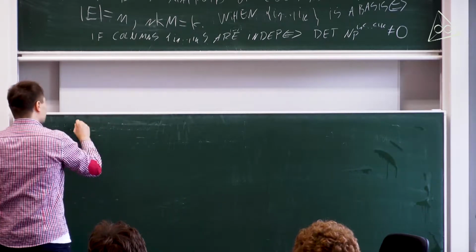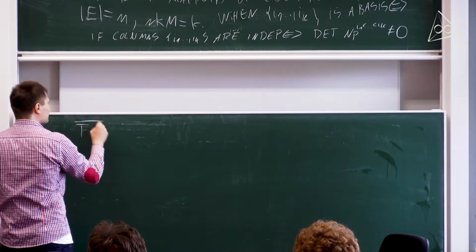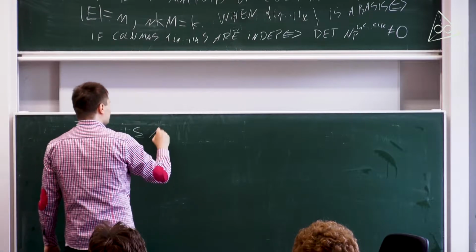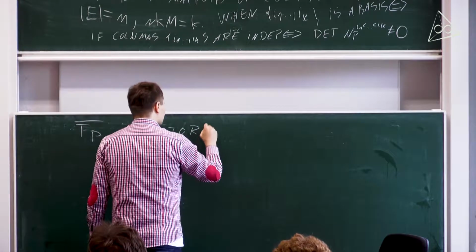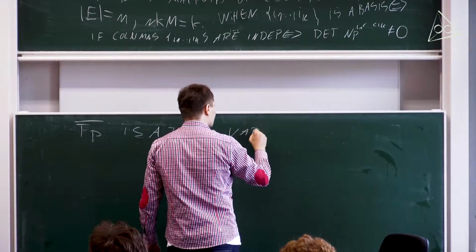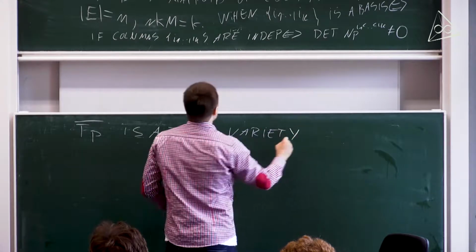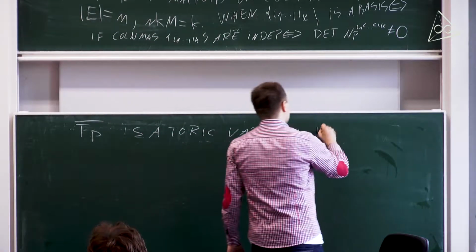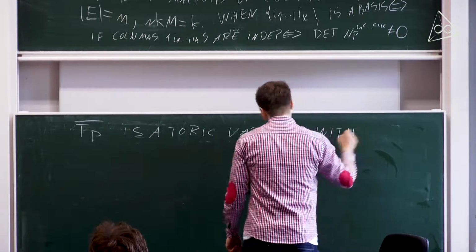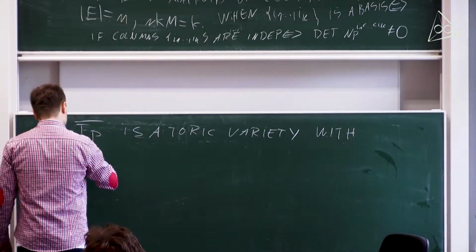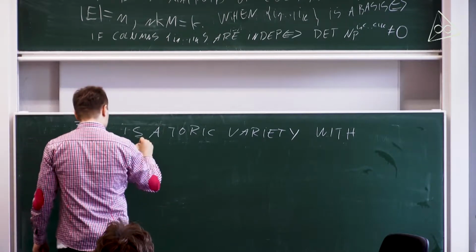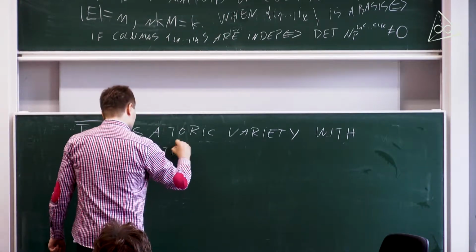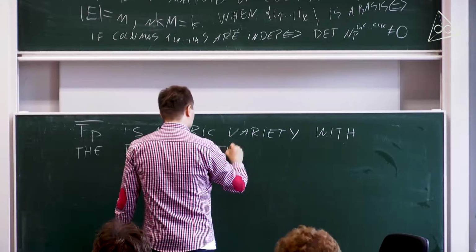So the closure of the orbit is a toric variety because it is a closure of a monomial map with the polytope that is what?